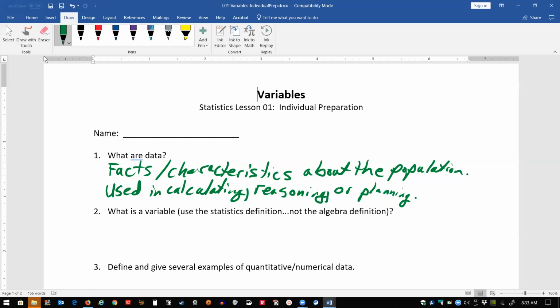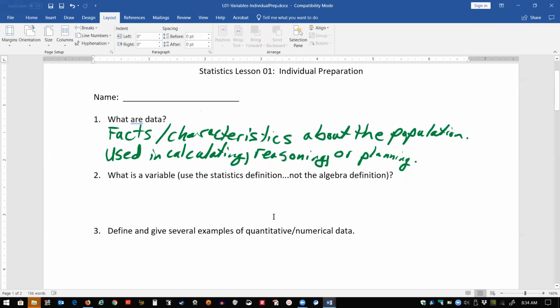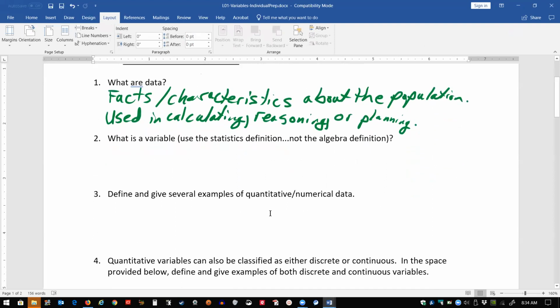Okay, so now we jump from data to a variable. Now, a variable in statistics is quite different. Well, it's very different from what you learned in algebra class. A variable is actually tied to the data that we're collecting.